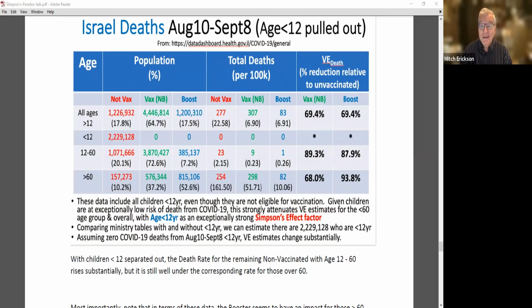And if I were a statistician with very low scruples, I'd hire myself out to the highest bidder on any kind of a political issue, whether it's COVID or abortion or whatever, and use this particular Simpson's paradox to prove that the statistics show that my position is correct.